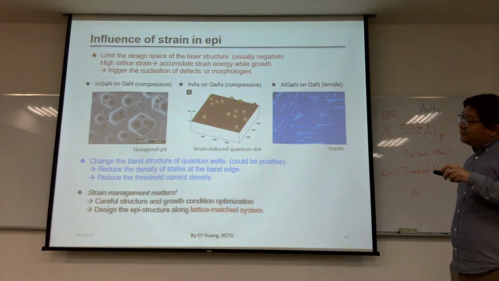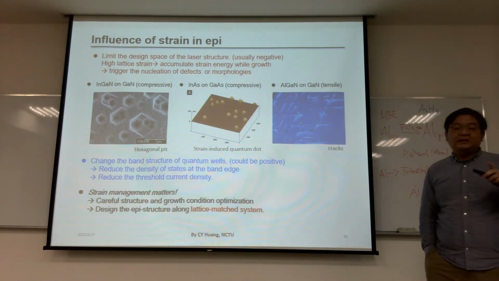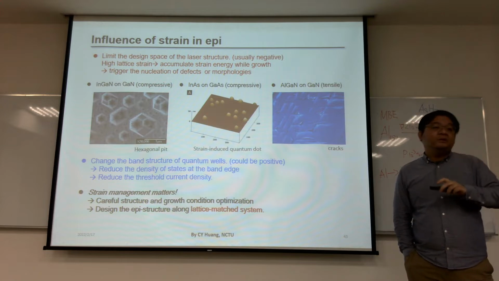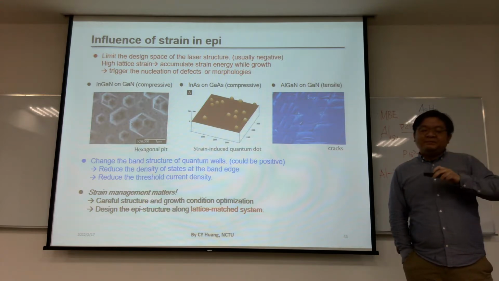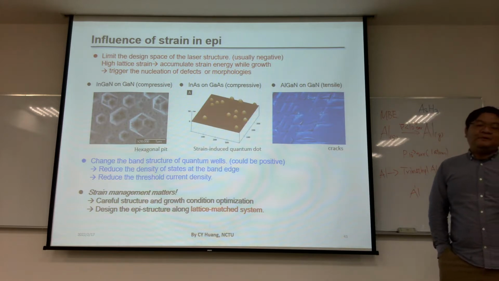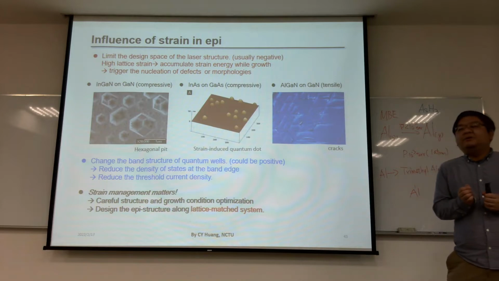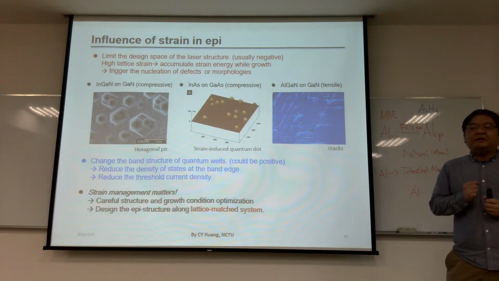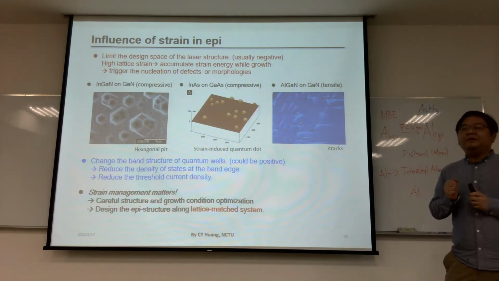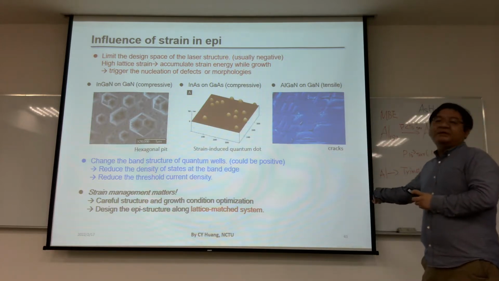So what's the problem with strain? Strain could be beneficial and also detrimental. But in practice, it's usually detrimental. Just like if a very fat person sits on a very small seat, he will feel very uncomfortable. He cannot sit very long and then leaves. It's the same reason for the film.